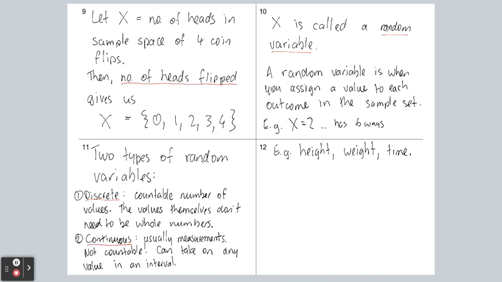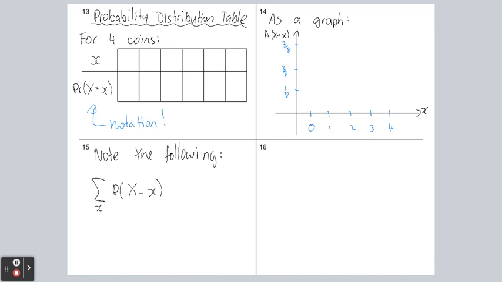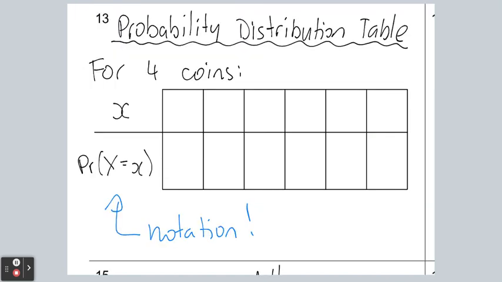Well, no heads, 1 heads, 2 heads, 3 heads, or 4 heads are the broad outcomes. Okay, then we can take that particular set of outcomes and we can write it as a probability distribution table. So there's your heading, probability distribution table. I'll give you a moment to write down the table and then we'll fill it in.